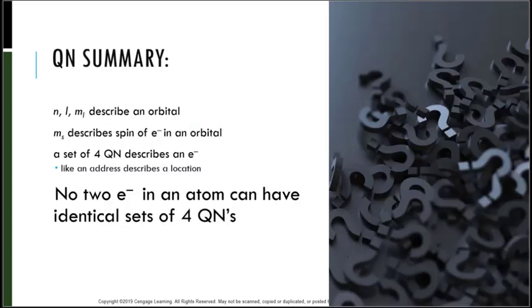So a quantum number summary here: no two electrons in an atom can have the same set of 4 quantum numbers. Just like two people cannot have the same address. You can have the same zip code, the same city, the same street, but you can't have the same number on your house. No two electrons can have the same 4 quantum numbers. They could have 3 out of the 4, but the 4th one is always going to be different.